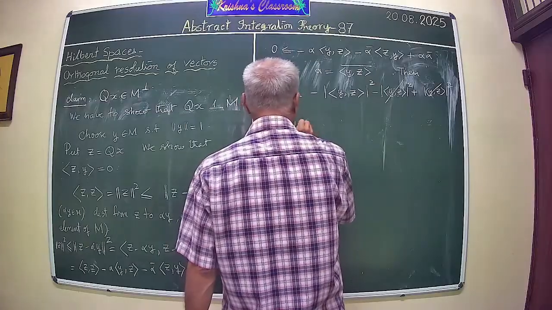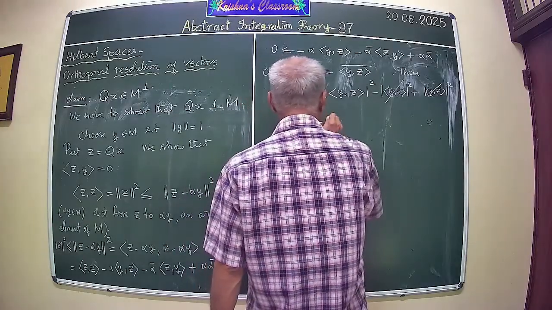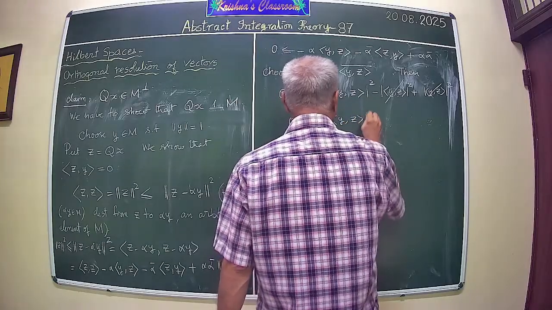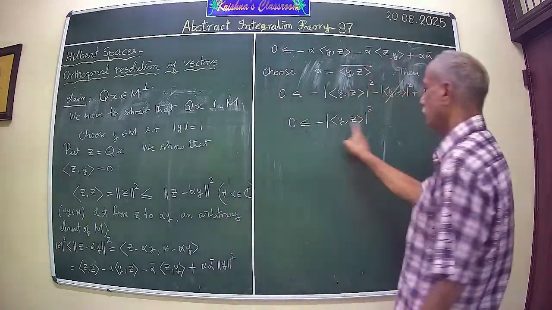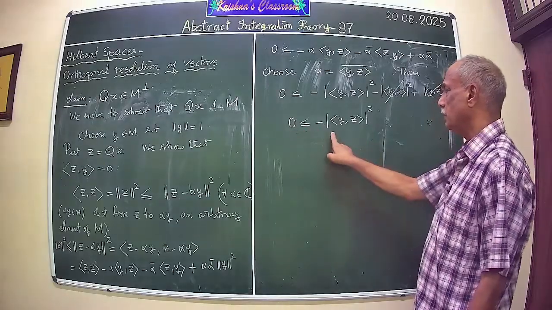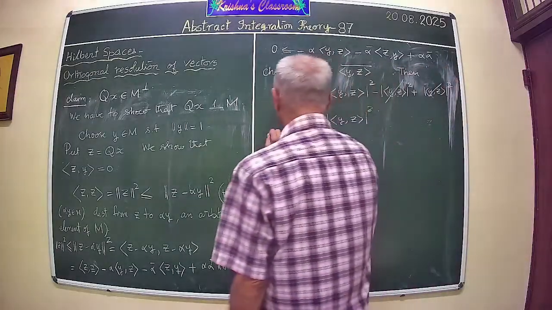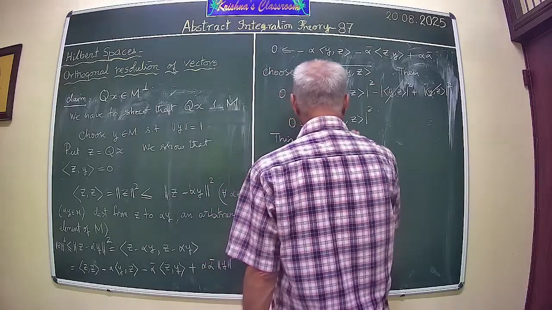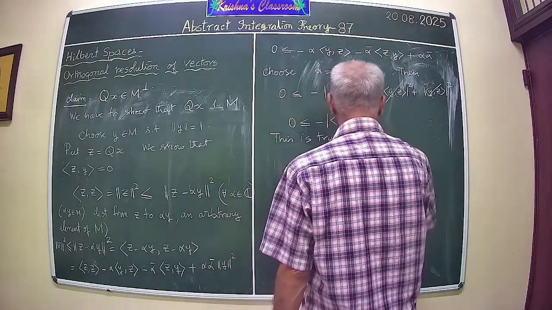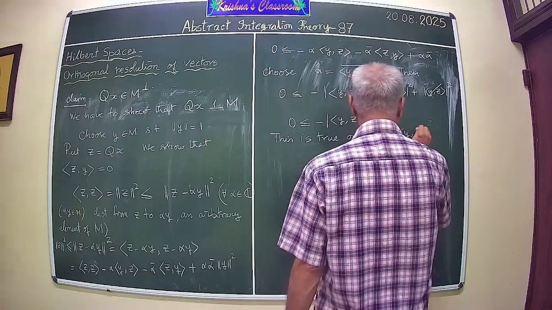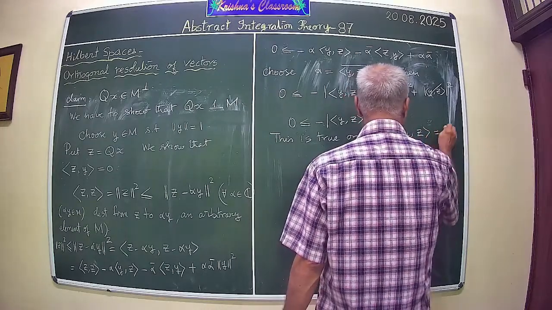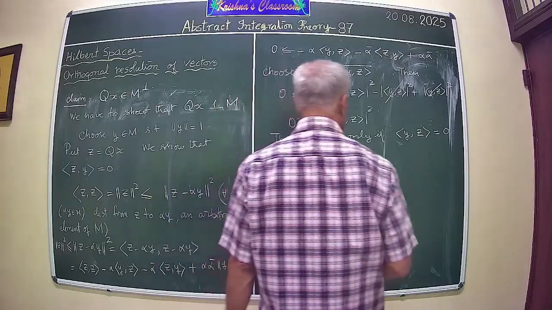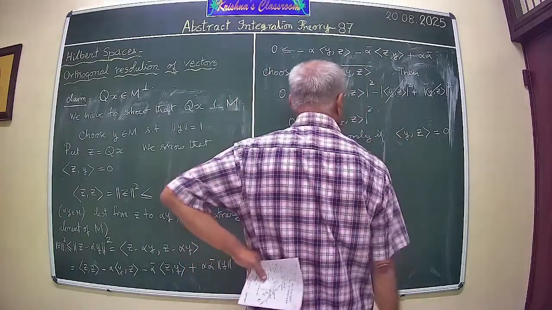Therefore, we get 0 less than or equal to, but this is negative. 0 is less than or equal to this, and this is 2 only if, that is, this is true for every y. Okay?